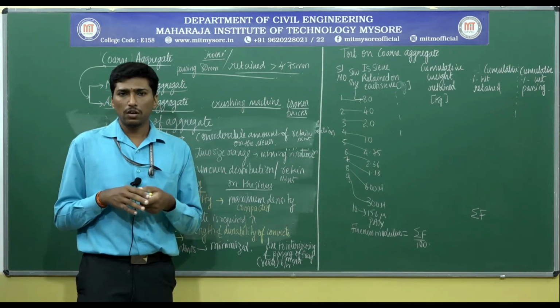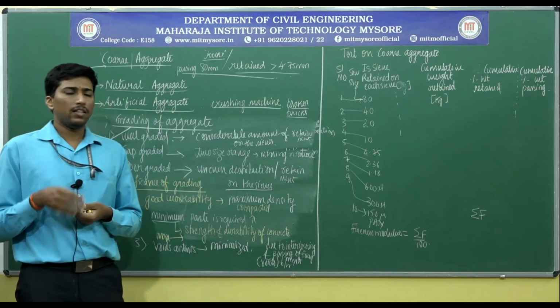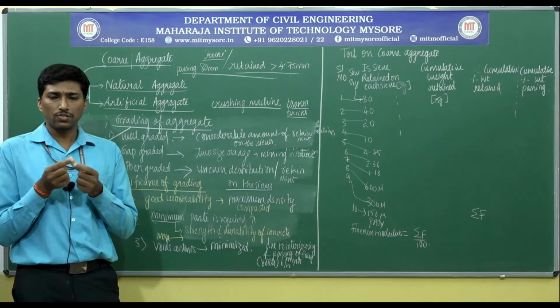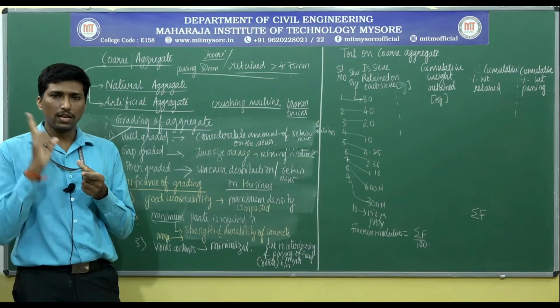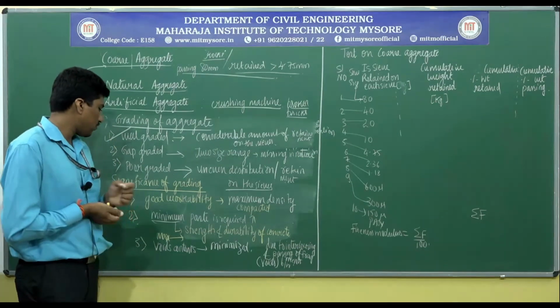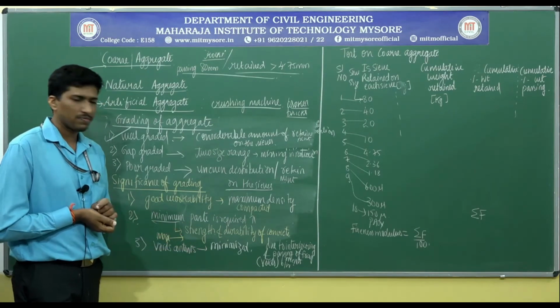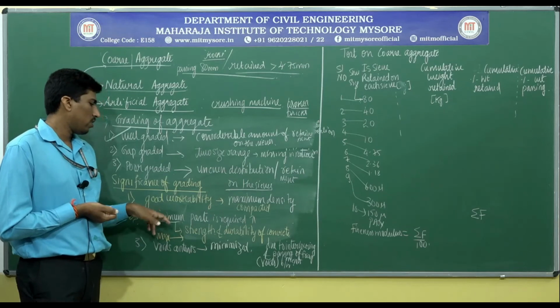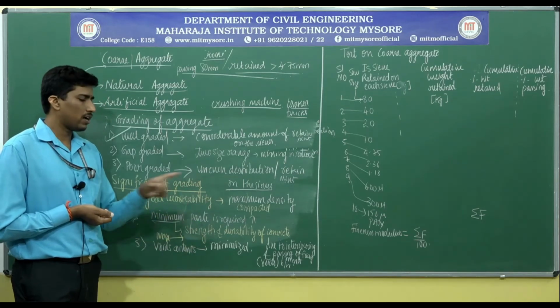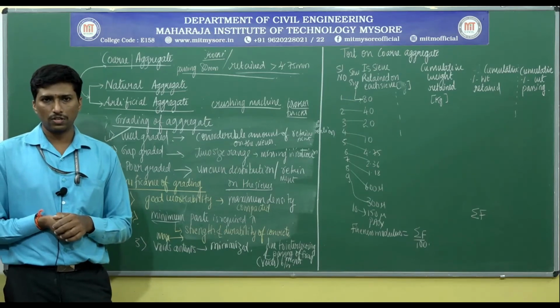What happens? More amount of particles, and the sizes have to be reduced. In the literal sense, if you take it here, the void content, if it has been minimized, then you have a minimum paste where you can achieve the good strength as well as the durability in the concrete.